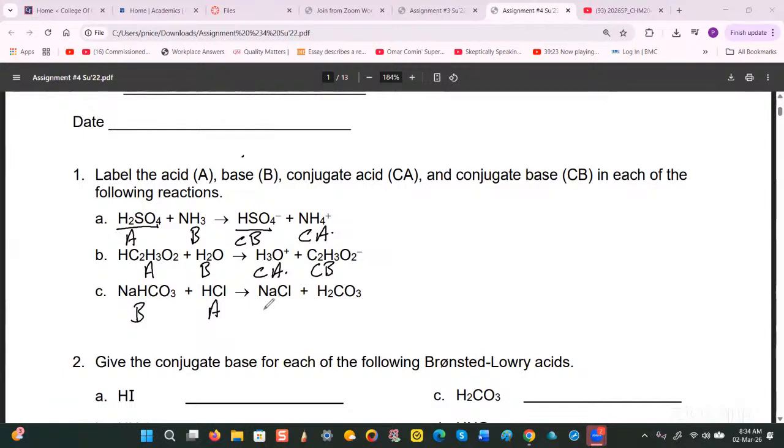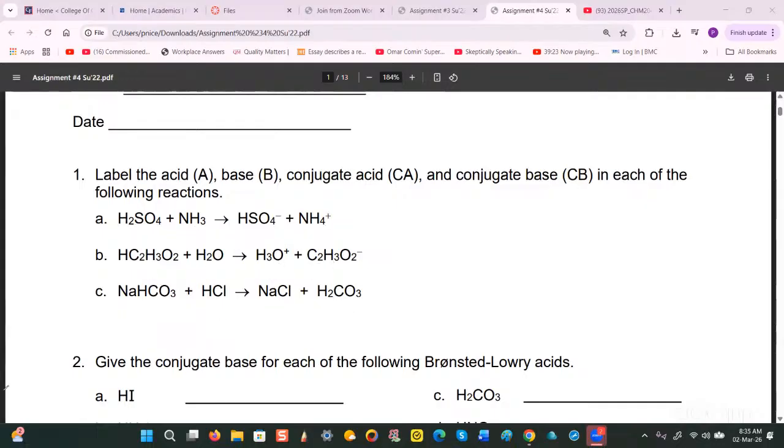Exactly. And to be technically true, it's actually the chloride, but because it's combined with the sodium, we're just going to say this would be the conjugate base, which would mean that this would be the conjugate acid. And that's it. Okay, very good. Let me clear this here.